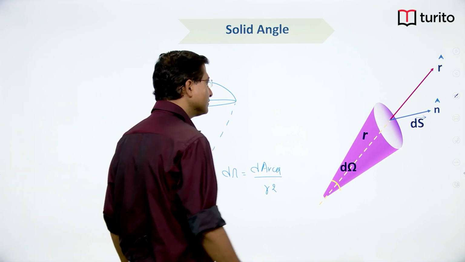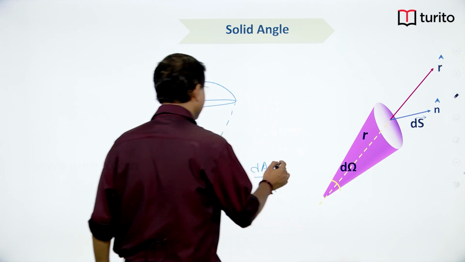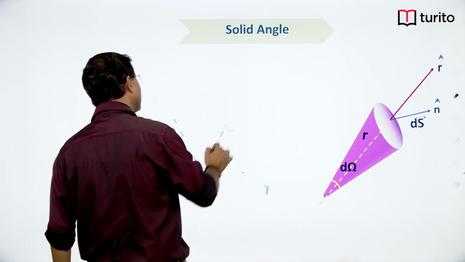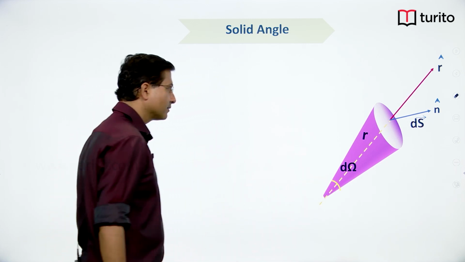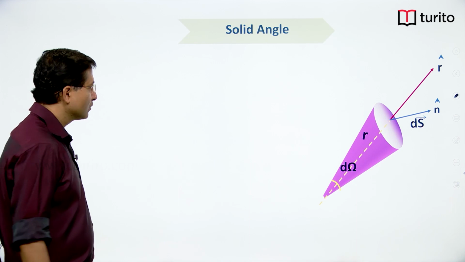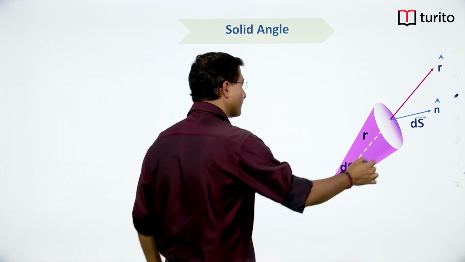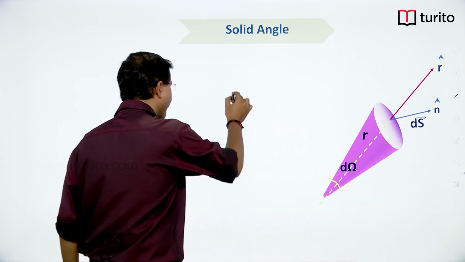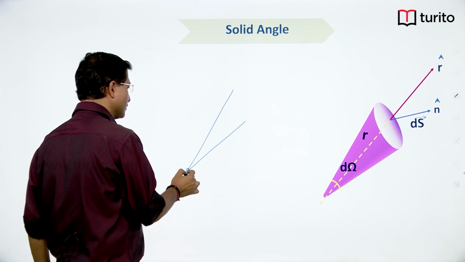But if I have an element in such a way that all the points on the element are not at the same distance, like you can see here. So this diagram is something like this.